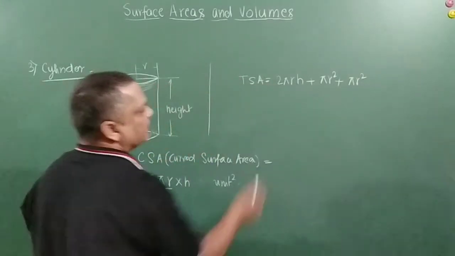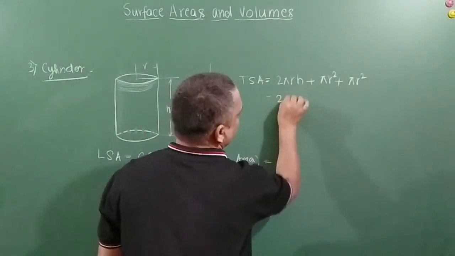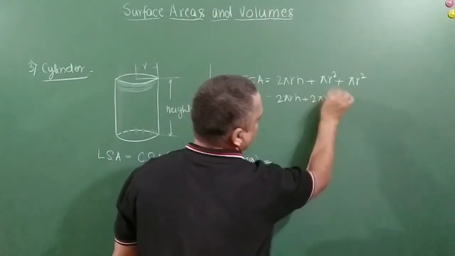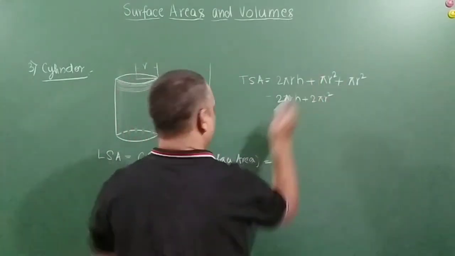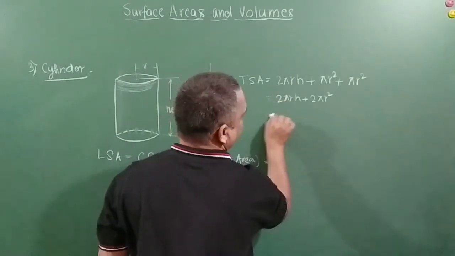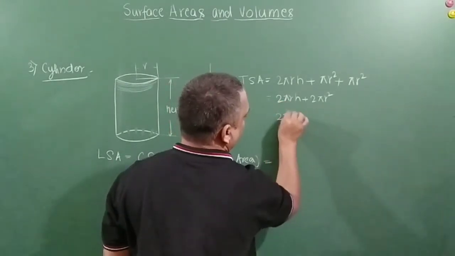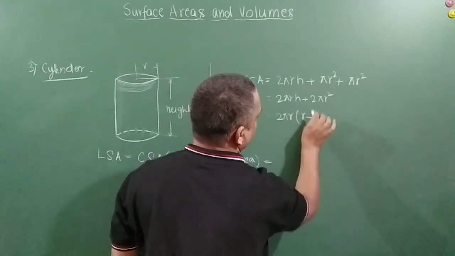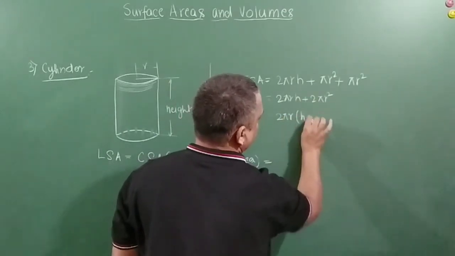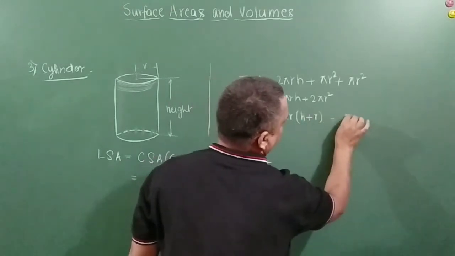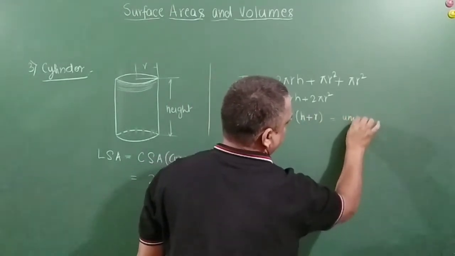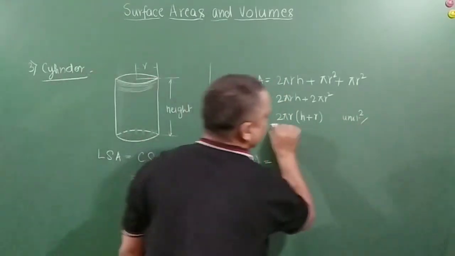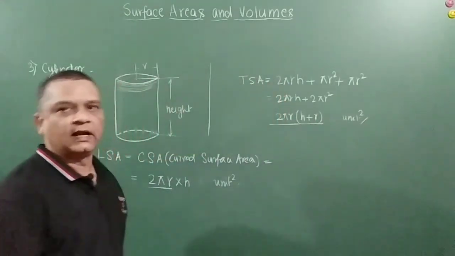Correct, friends? Now this can be written as 2 pi rh plus 2 pi r square. If I take 2 pi r out, which is r, sorry, this is h plus r, and this again is in unit square. Got it? This is the total surface area of a cylinder.